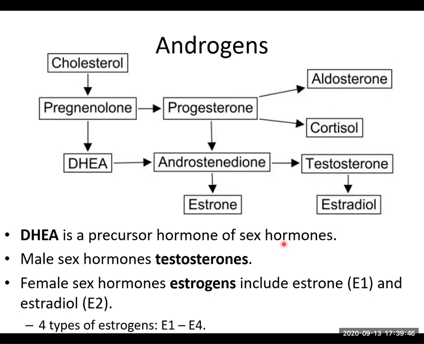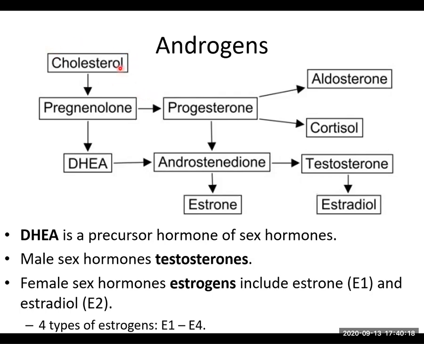So here you don't need to memorize all these. Just want to show you that cholesterol produces the aldosterone, the mineralocorticoids, produces the glucocorticoids, the cortisol, as well as the DHEA. So this table shows that all our adrenocortical hormones are synthesized from this cholesterol.